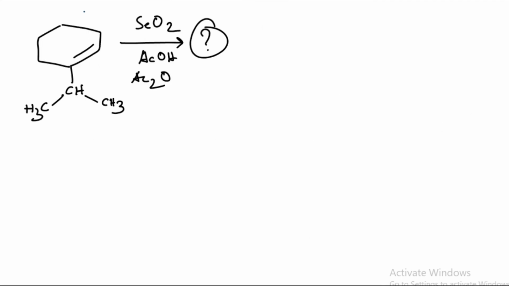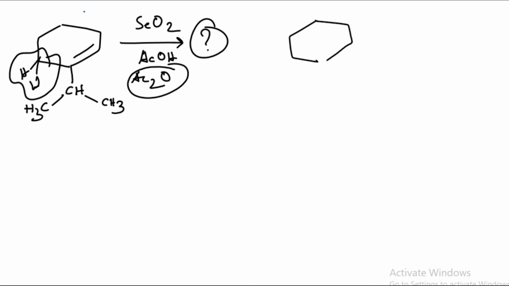Okay, so today's last example, which is if you treat this type of alkene with selenium oxide in presence of acetic anhydride, and acetic acid as a solvent. So what happens, you know that this is a monosaturated site. Now this is CH2, there are 2 hydrogens and this is CH. So obviously hydroxylation will be carried out at this site, and also this is in the ring.